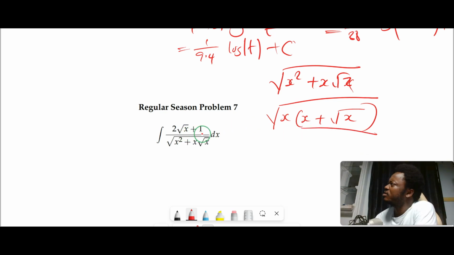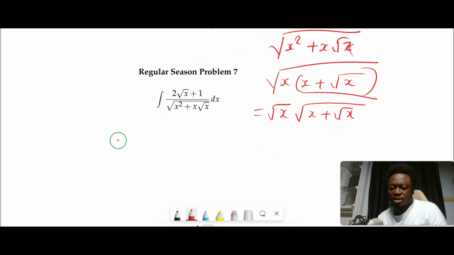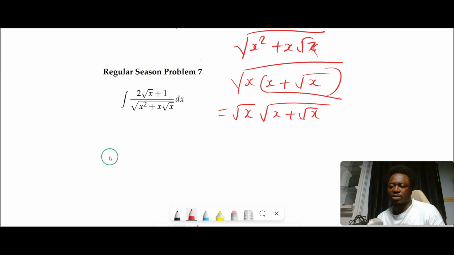Is there a connection? Well, if you do this, this is square root of x times square root of x plus square root of x, and maybe something can happen. Let's just plug it in and see whether something can happen. You just keep trying.